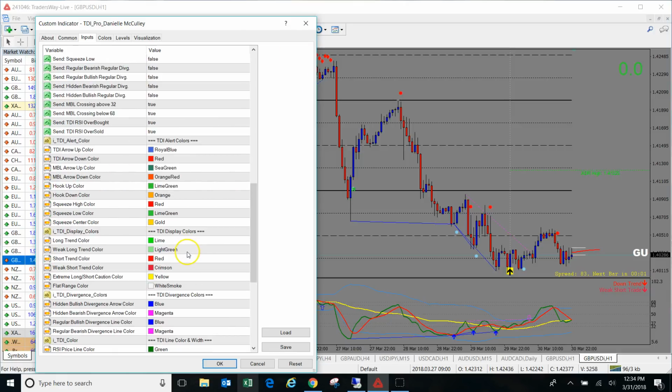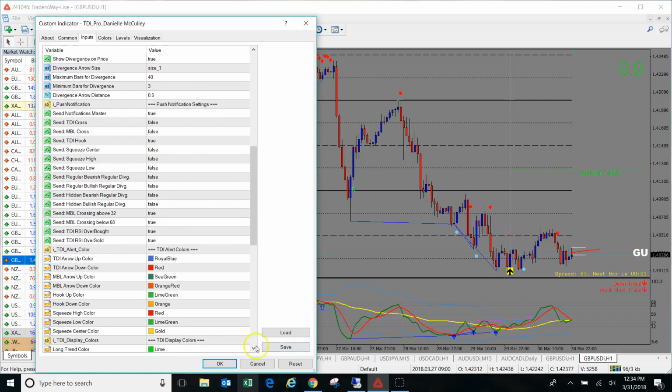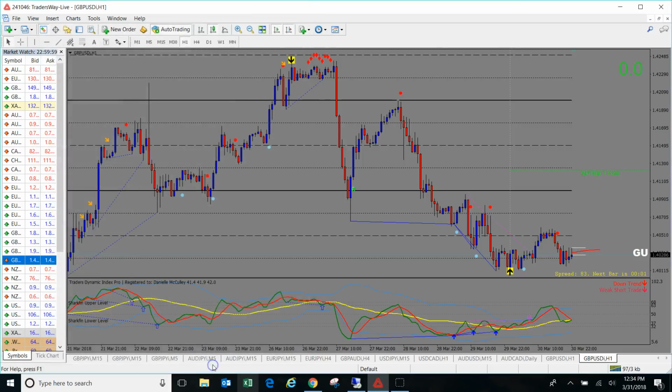I like to know when it's a squeeze high or a squeeze low because you can be anticipating a nice little breakout. I missed one on GJ, but I'll give you an example of one right here. So with the TDI squeeze, anytime these volatility bands are narrow, just like a squeeze, exactly as it sounds, they get narrow.